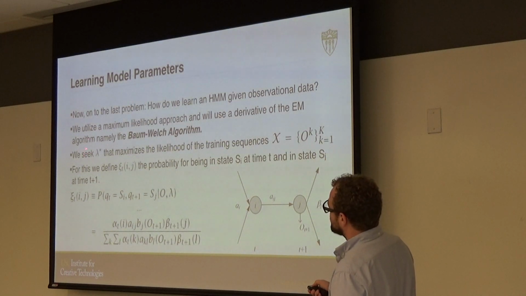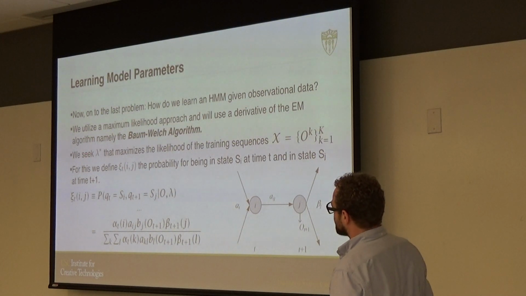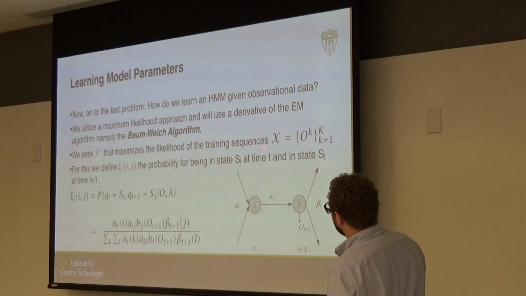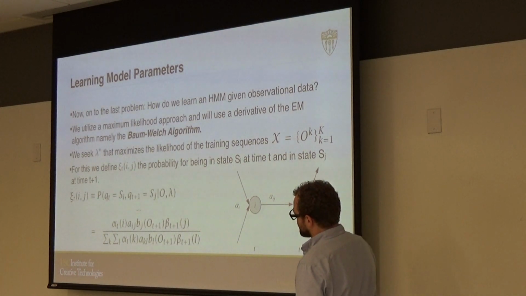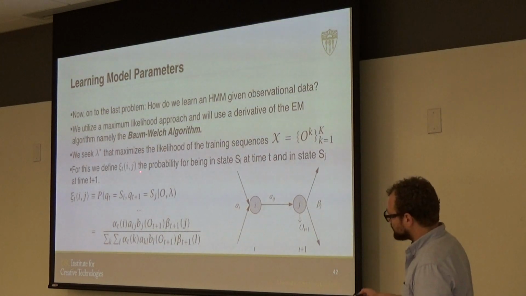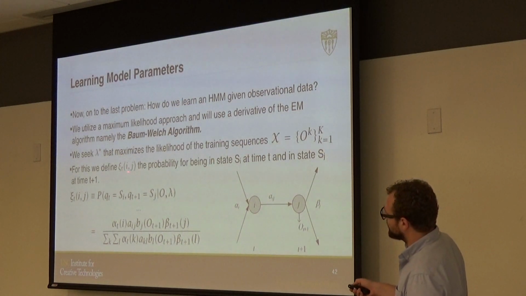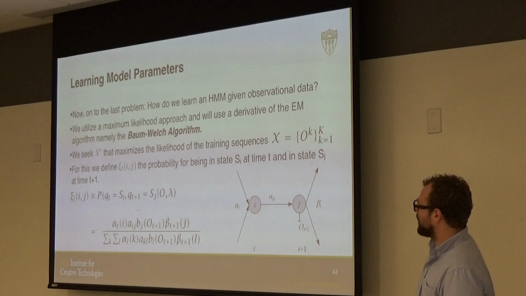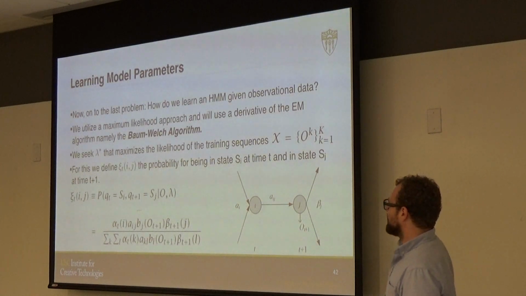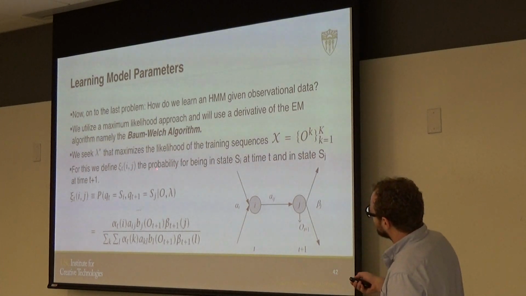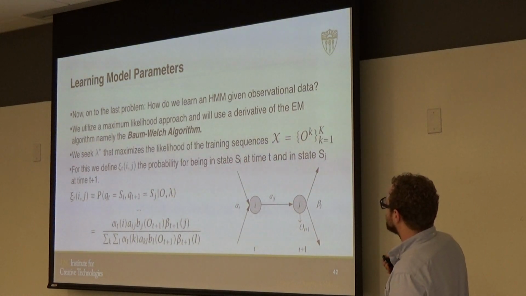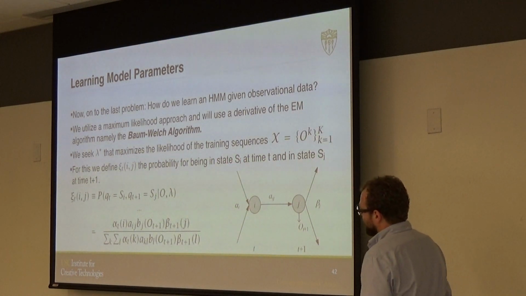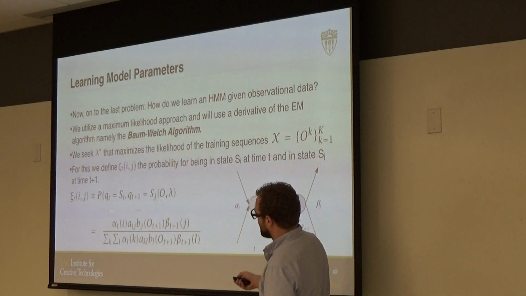In this case, we seek to find a model star that maximizes the likelihood of generating a set of observations, and for this we need to define a new variable chi, or psi: the probability of being in state Si at time t and in state Sj at time t plus 1. So that's our variable here.